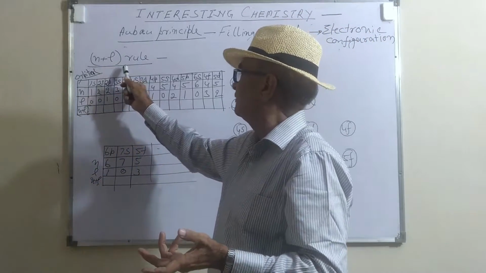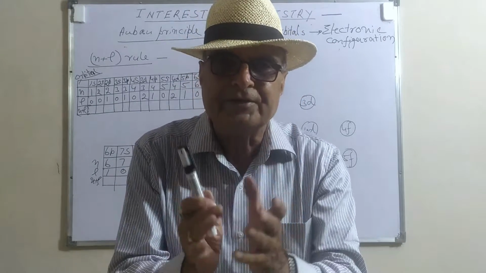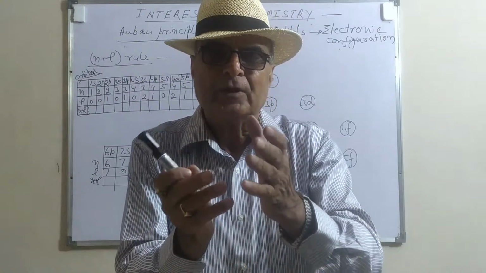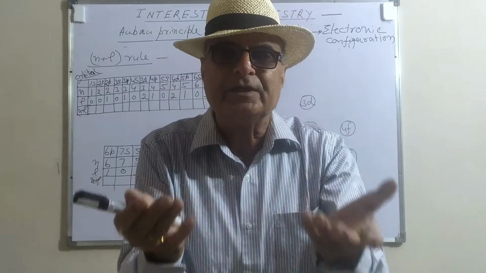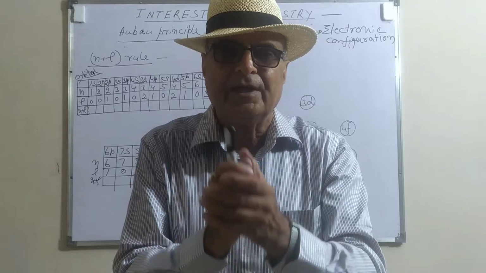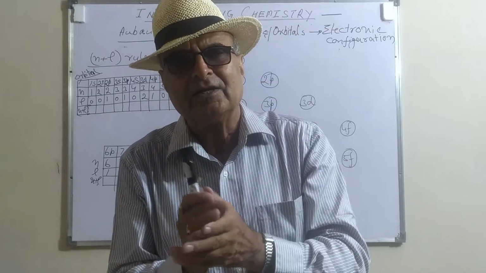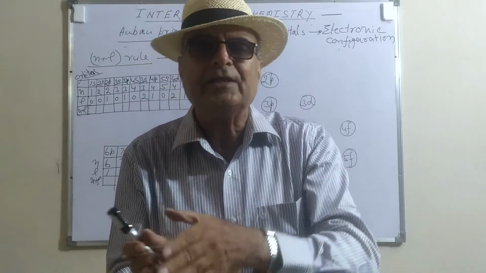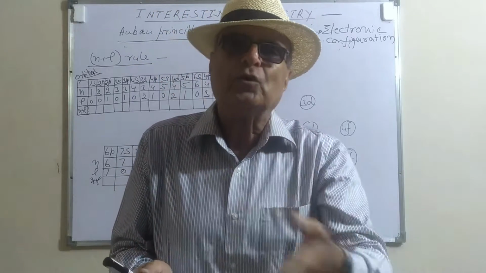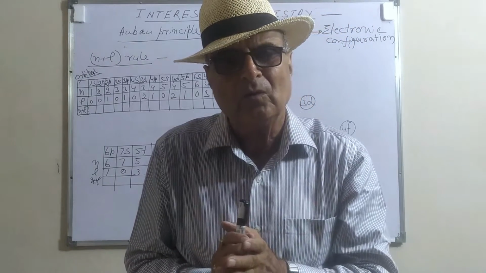The n plus L rule helps us to find the energy of orbitals. If the value of n plus L is low, then the energy of that orbital will also be low.